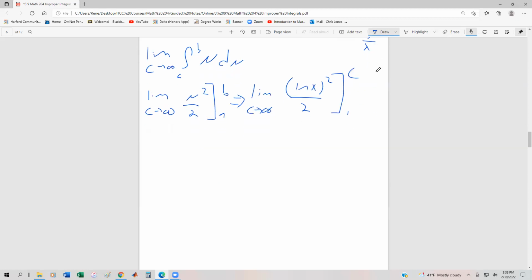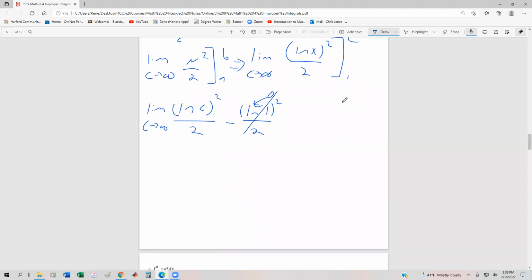And now we can just substitute c and substitute 1. So this is going to be the limit as c approaches infinity of natural log of c squared divided by 2, and then we substitute the 1 back in, so ln of 1 squared divided by 2. Some good news: natural log of 1 is 0. And we have 0 squared over 2, which just cancels that out.